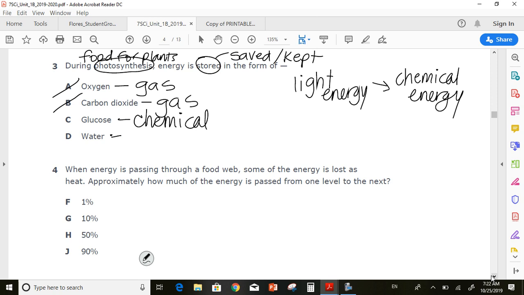And water is a liquid. And water is used in photosynthesis. So this one, I would say carbon dioxide is not only a gas, but it's going to be a reactant. It started the process. Water was also a reactant.